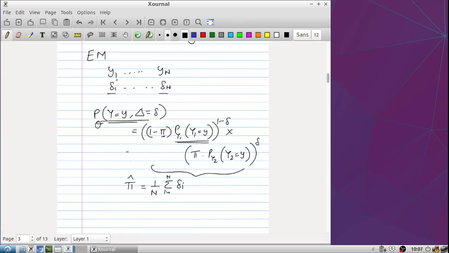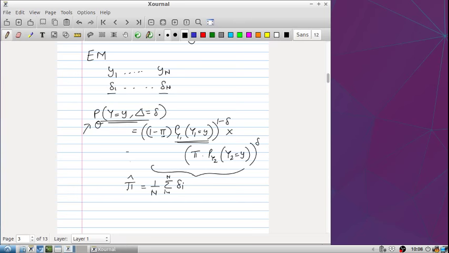I'm saying that we are in a hypothetical situation where, if I had observed the outcomes of the deltas, then this would be my likelihood function, and we take the log of this. Log is nice because even if there are only multiplications here, log is fine. It turns out that if you maximize over theta the log likelihood, taking the log of the left hand side, you will actually get theta.